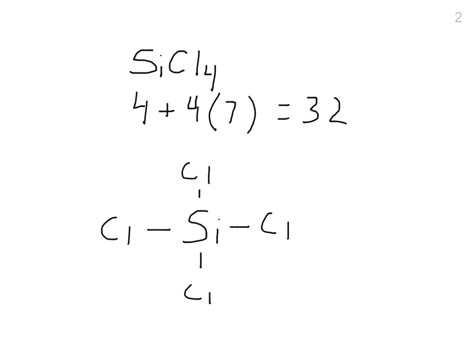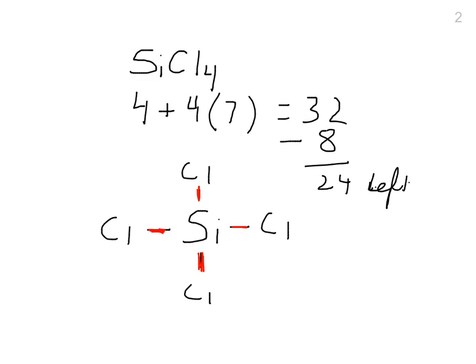I then come back and I count up the bonds. 1, 2, 3, 4. Multiply that by 2. Makes 8, so I subtract that from my total. So now I got 24 leftovers.